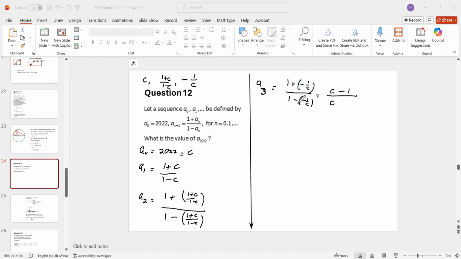And you have C, 2 minuses gives you plus 1. Okay. So even here, with A3, we don't seem to be getting anywhere yet. Okay, so let's try to work out the next one.